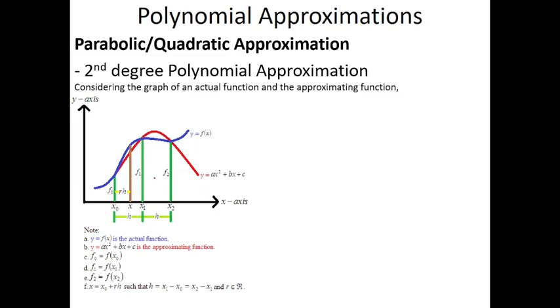These are the 3 points we consider: x sub 0, f sub 0, x sub 1, f sub 1, and x sub 2, f sub 2.